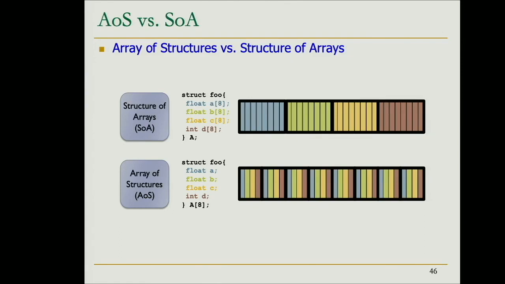And actually these are two different ways of organizing, in this case, an array of structures or a structure of arrays. The data is exactly the same, so we have two possibilities here. This struct here contains 4 arrays: A, B, C, and D. And here what we have is, in total, an array of structures, and in each struct we have elements of A, B, C, and D, right?